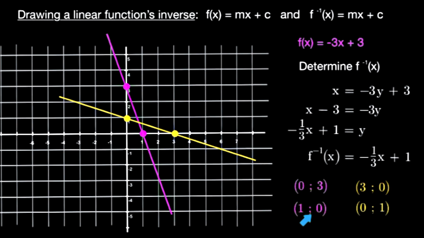These coordinates here were the x-intercept of our original function, so if we swap these coordinates around, we get the y-intercept of our inverse function. Do you see? So basically an inverse is the mirror image of our original function, and it means that it's simply the x and y coordinates of our original function swapped around.